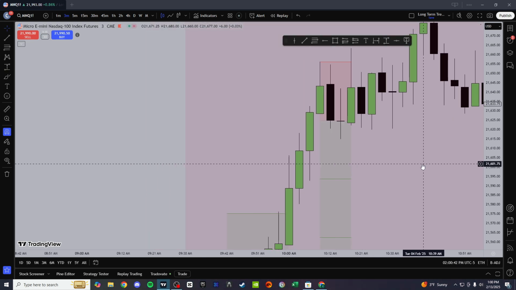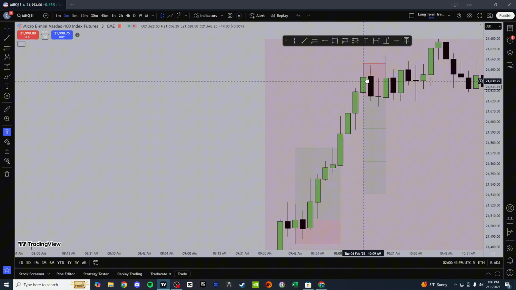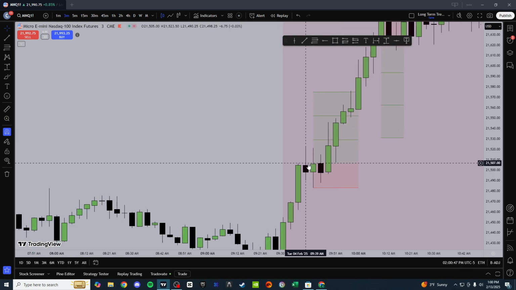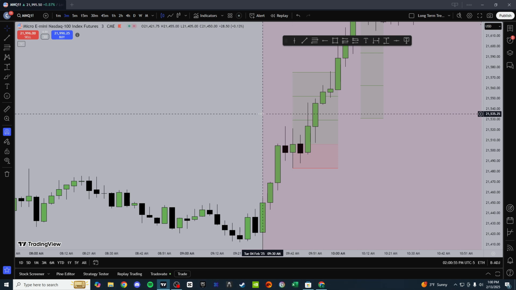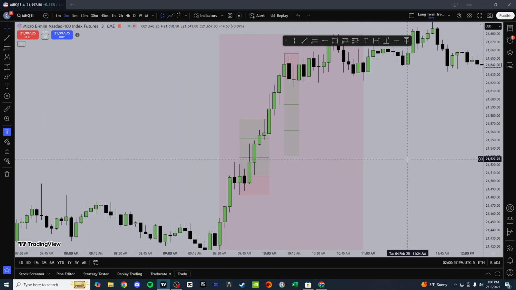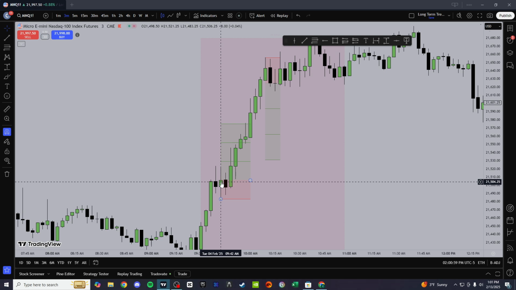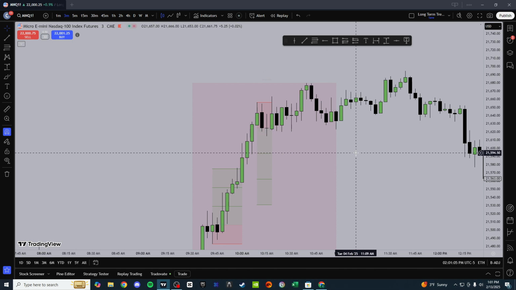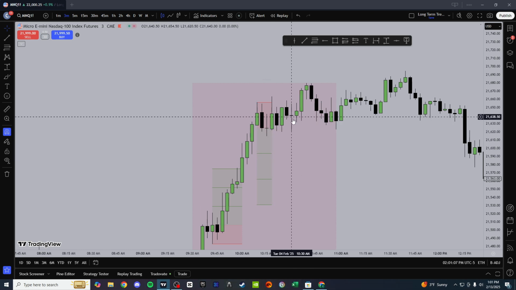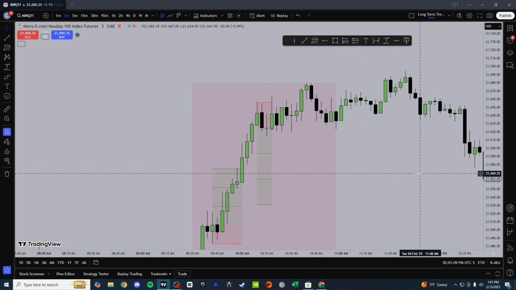I want it to be comparable to candles around it. It can be a little bit smaller, kind of like this one, as long as the candle that's engulfing is not super overextending on it. That's when I won't take it. I just want it to be very similar sized. It can be twice as big maybe, but I don't want it super small like this. So that's one rule that I have there.